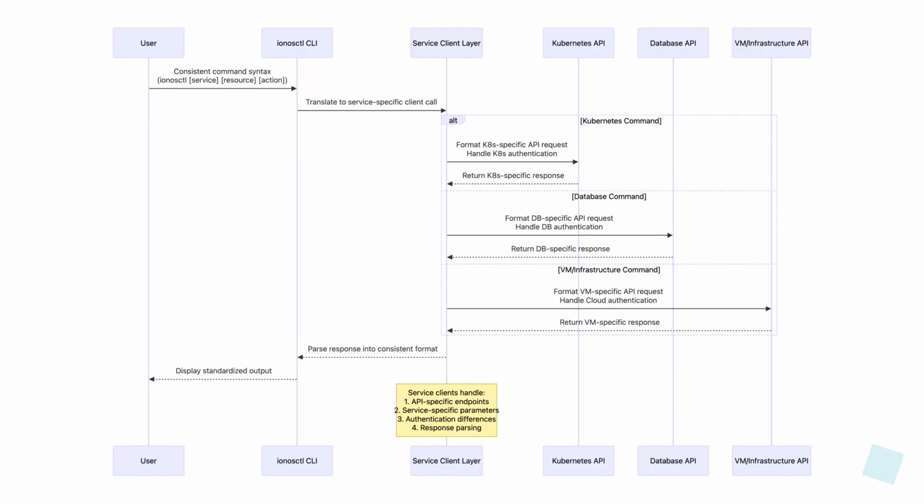But the command structure, authentication, and output formatting all feel consistent. I was surprised by how much this simplified our infrastructure as code practices when I implemented it for a fintech client last year. Their DevOps team cut onboarding time in half because engineers only had to learn one pattern that worked across all services.